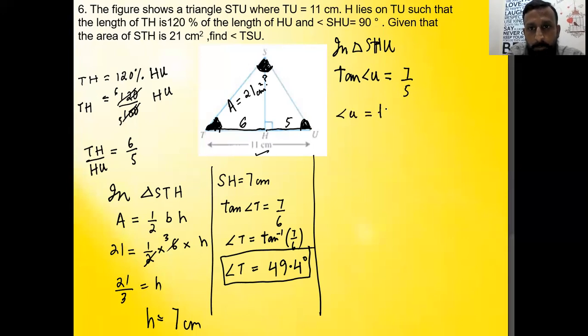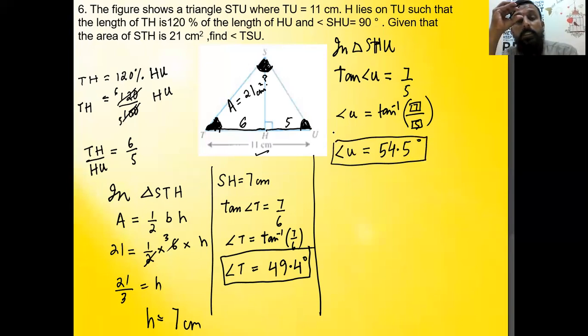Angle U is equal to tangent inverse, using that box upon box function in your calculator, 7 over 5. Boys and girls, please use your calculator. I'm also using it. Shift tangent inverse, box upon box function, 7 divided by 5. Close the bracket and your answer is found to be 54.5 degrees. This is angle U.